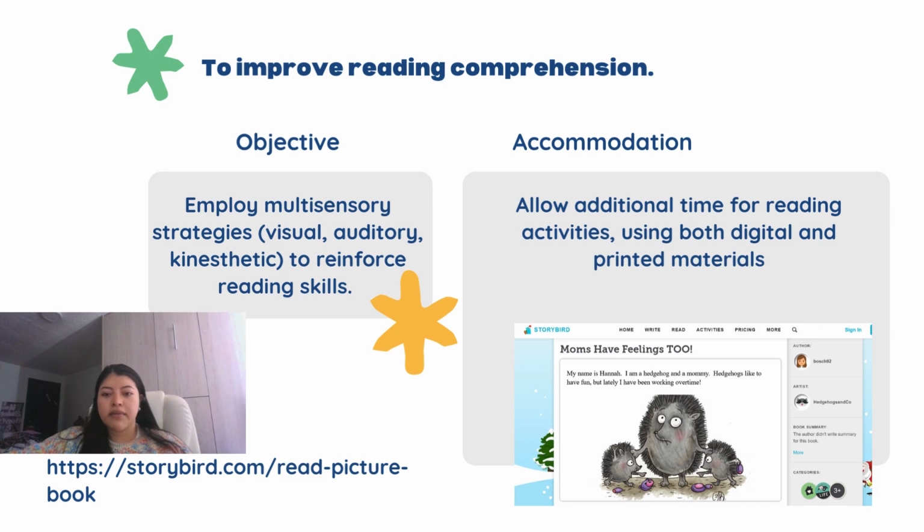And here we have Storybird, a digital tool where you can encounter many short reading texts, and they are very engaging and the letters are very visual, so students can get engaged, and they are reading so they can get better with dyslexia.